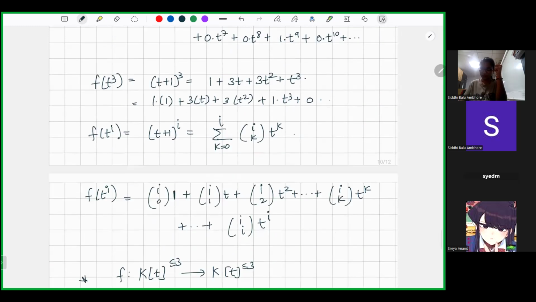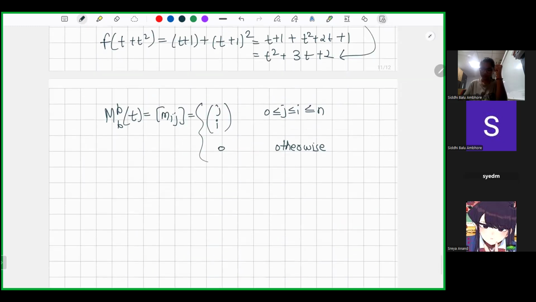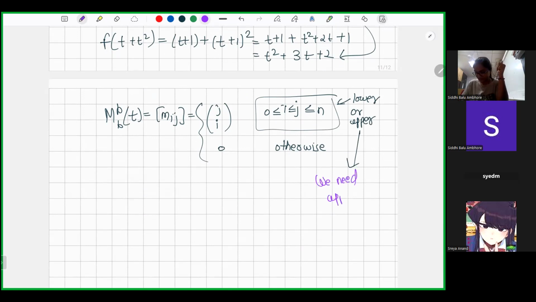Yeah, I less than or equal to J. I hope you got the idea. It will be I less than or equal to J or J less than or equal to I. This will change nothing, just lower or upper triangular matrix. Just take care. We need upper triangular matrix. Okay.